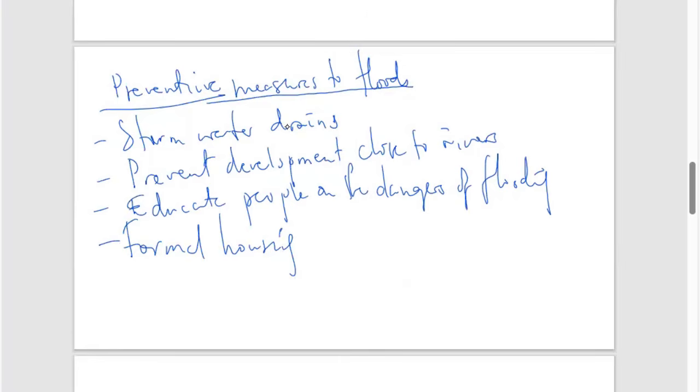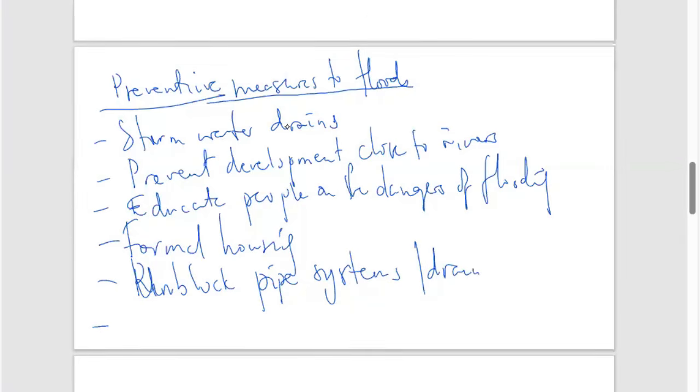Then you can also look at unblocking the pipe systems. Usually flooding will happen because the drainage pipe systems will be blocked by litter, and hence we need to unblock those drains and ensure that there is effective flow of water.